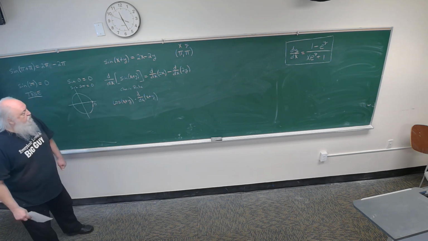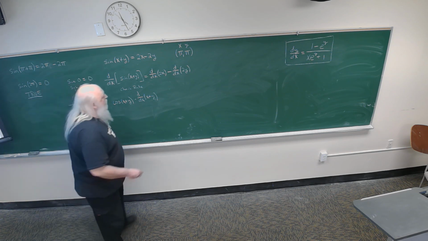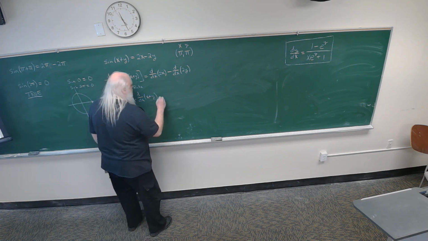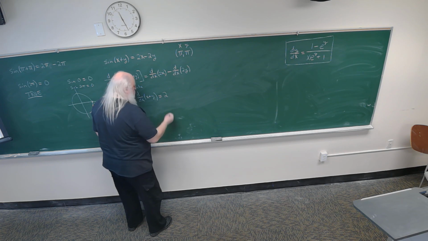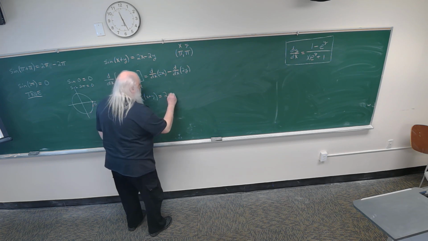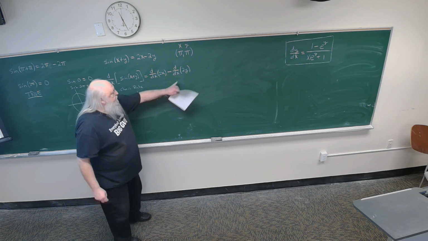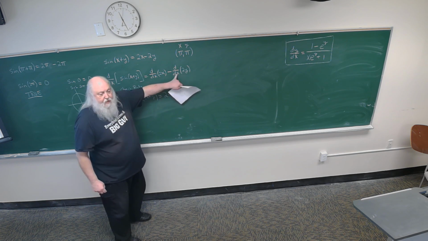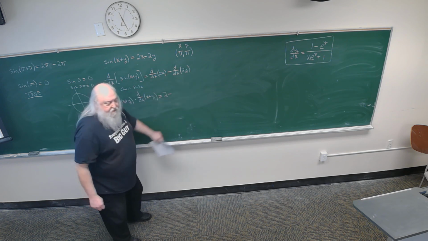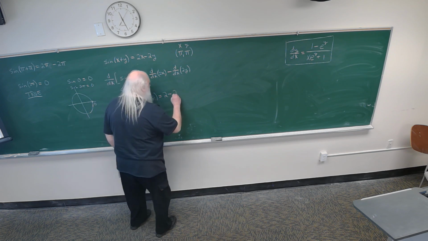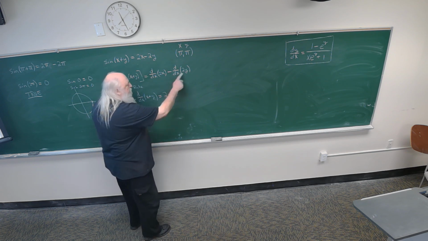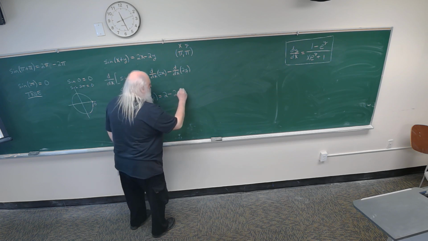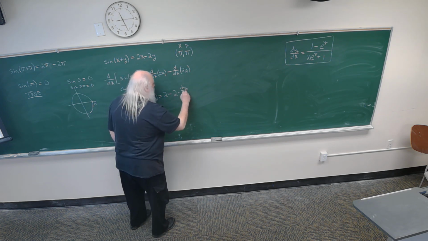Okay. On the right hand side, the derivative of 2x with respect to x is 2, and the derivative of 2y with respect to x, well, the 2 is a multiplicative constant, we just carry it along, and we multiply that by the derivative of y with respect to x, which we denote with dy over dx, right?